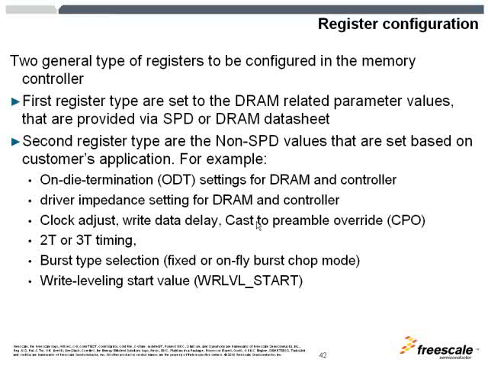Also the burst type selection or write leveling start values. So these are examples of items that you need to set or select based on the activities that you want to do, or the selections that would best fit your application.